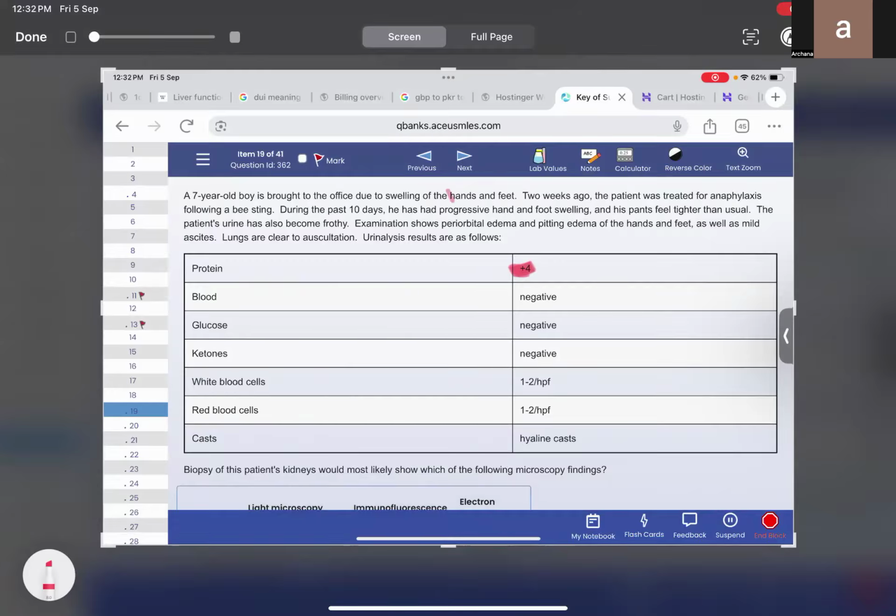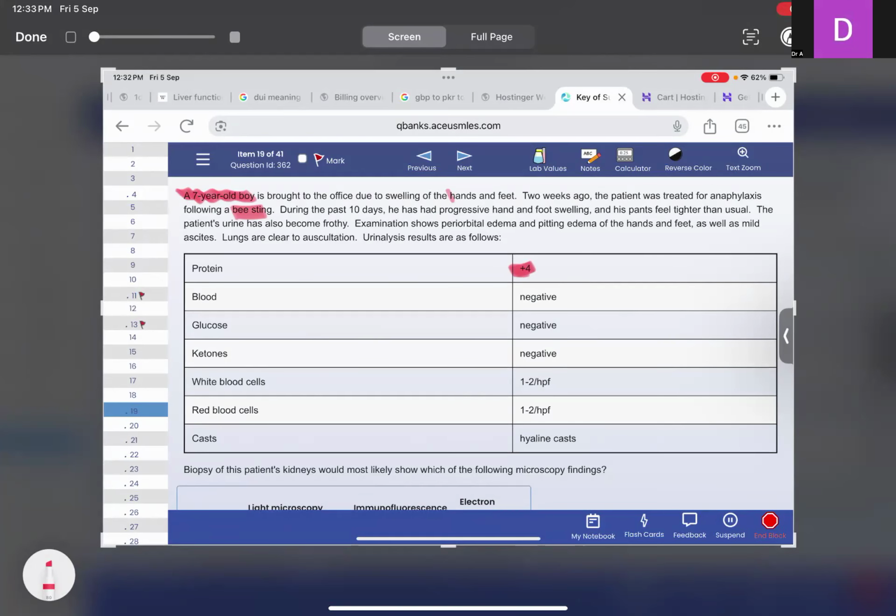The patient's urine has also become frothy. Examination shows periorbital edema and pitting edema of the hands and feet, as well as mild ascites. Lungs are clear to auscultation. Urine analysis shows protein 4 plus, glucose and ketones negative, hyaline casts, and white blood cells and red blood cells insignificant.